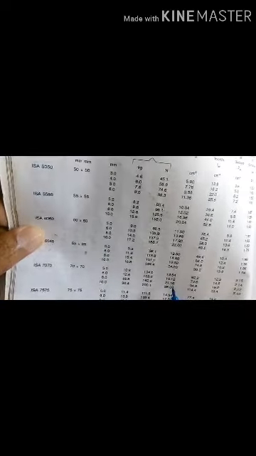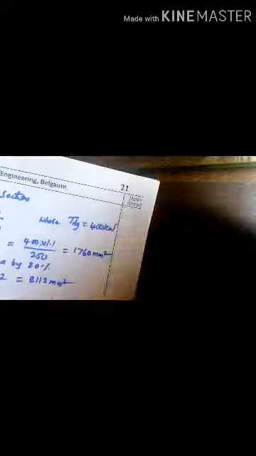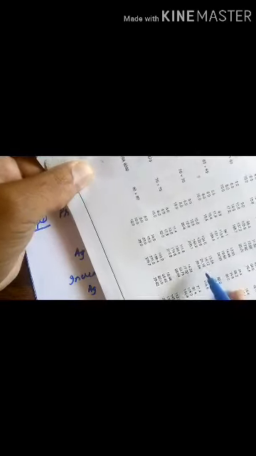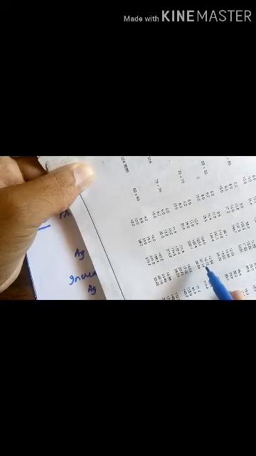So 70 by 70 by 8 mm gives you this much area, 21.16 square centimeters.